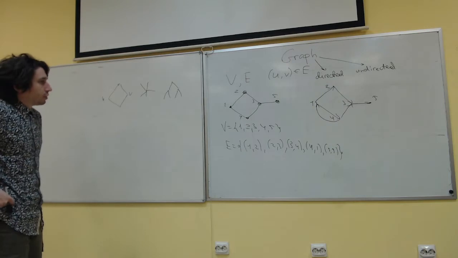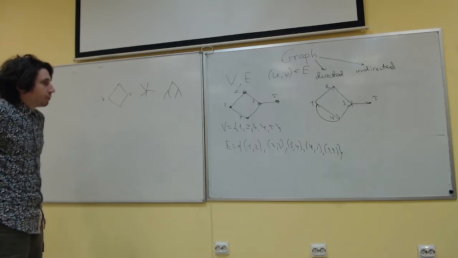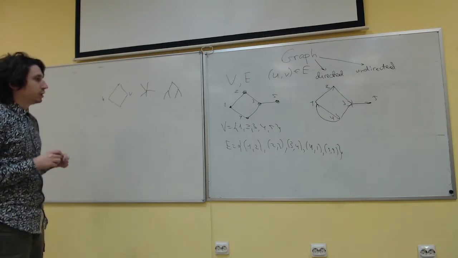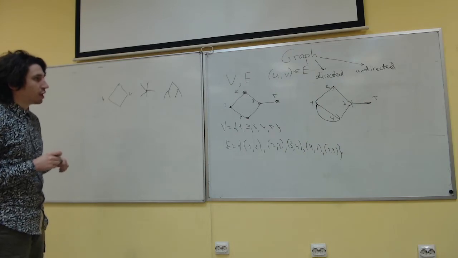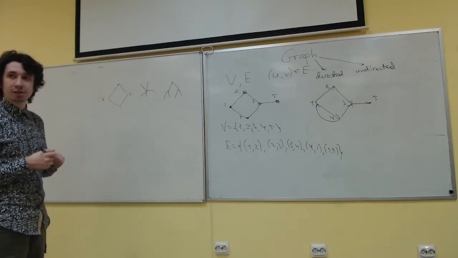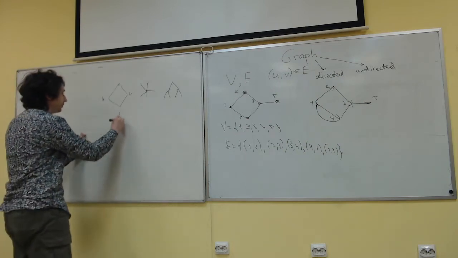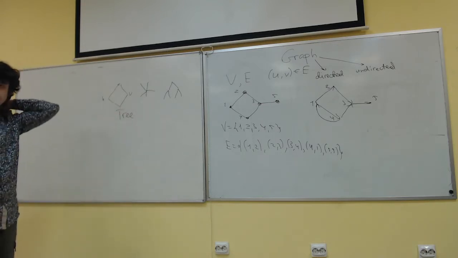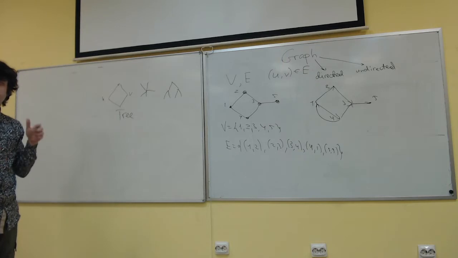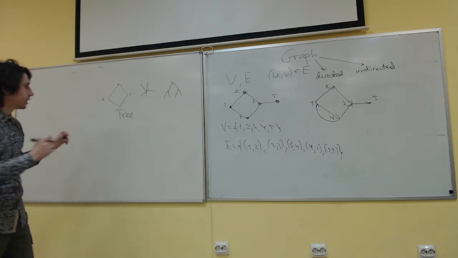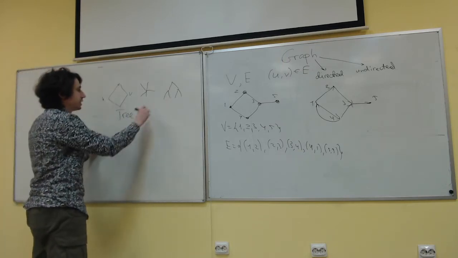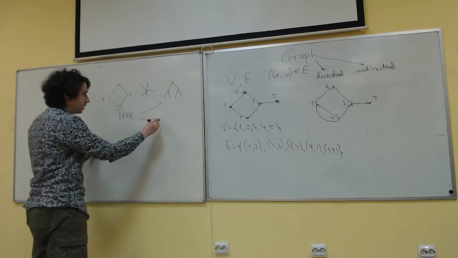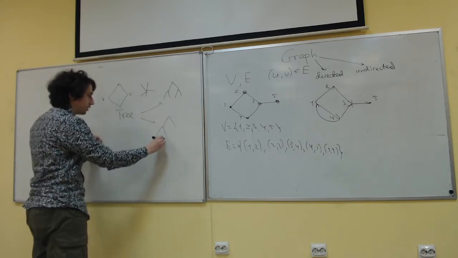Also, there are very interesting versions of typically undirected graphs. So there are trees. Tree is an undirected graph that has no cycles, which is connected and has no cycles. So, for example, this is the tree, and this is the tree, like that.